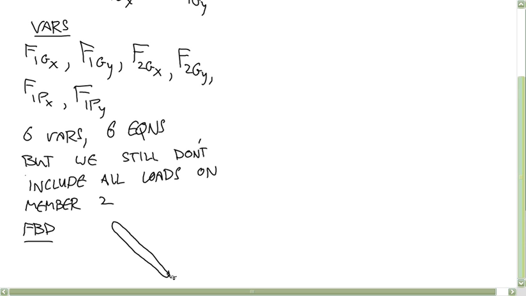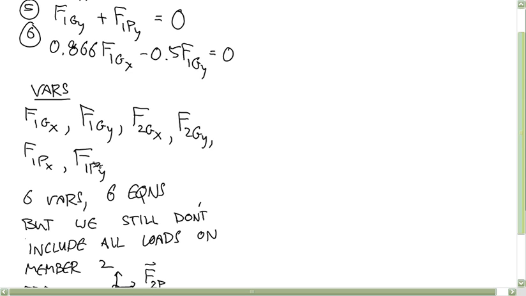What loads are acting? Yeah, exactly. And up in this list, we don't have F2P and we don't have FP2. If we had FP2, that's just as good, because remember, the benefit of this subscript notation is that you always know that flipping the subscripts just switches the sign of the variable.